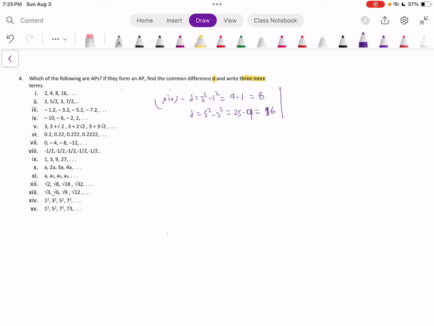So the difference is not the same here, not an AP.